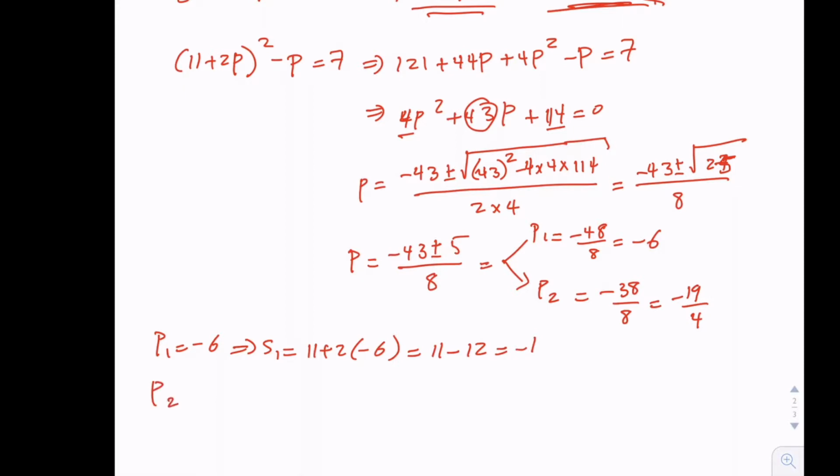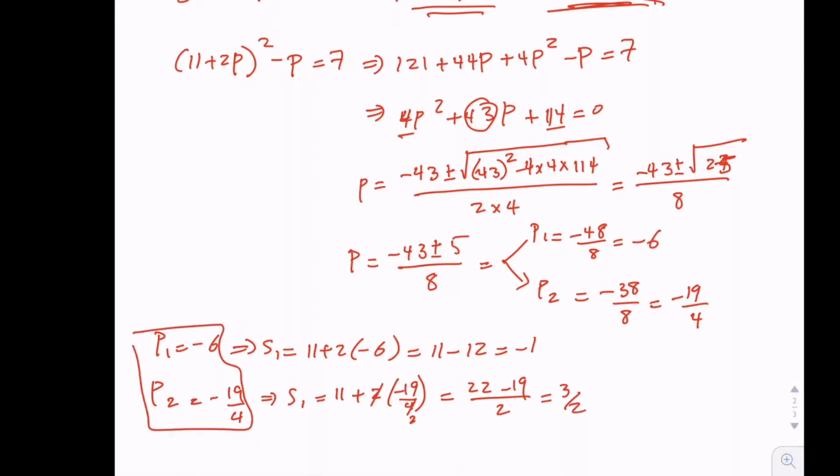And if P2 is minus 19 over 4, then S2 is 11 plus 2 times minus 19 over 4, which is, this 2 cancels with 4 and gives us 2, so we'll have 22 minus 19 over 2, which is 3 over 2. So these are S and P's that we will get.